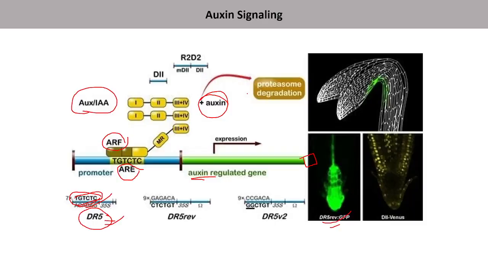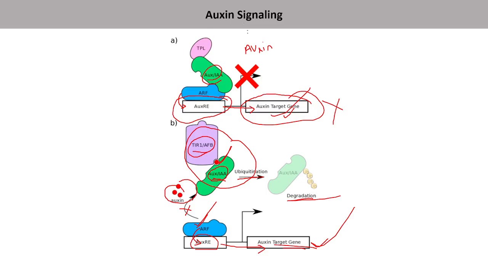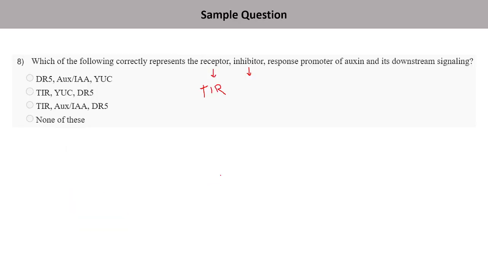As we know, if you go back and try to understand from here, the inhibitor is OXIAA. Why? Because when this OXIAA is bound to this ARF factor, the transcription cannot happen. It will only happen once this OXIAA is removed. Therefore it is called the inhibitor. So here the answer for the inhibitor is OXIAA.